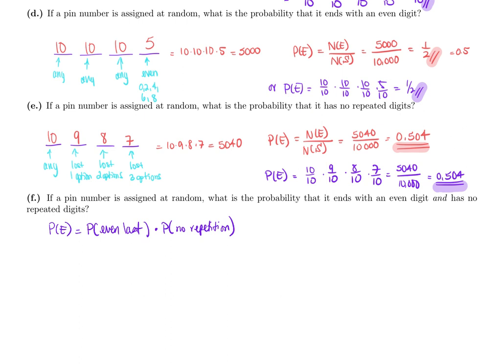The probability that it has an even last digit we already found was 1/2. And then we just found that the probability of having no repetition was 0.504. Which means once we multiply 0.5 times 0.504, our total probability of a PIN that ends in an even last digit but also does not have repetition is 0.252, or just over a 1 in 4 chance. It's 25.2%.